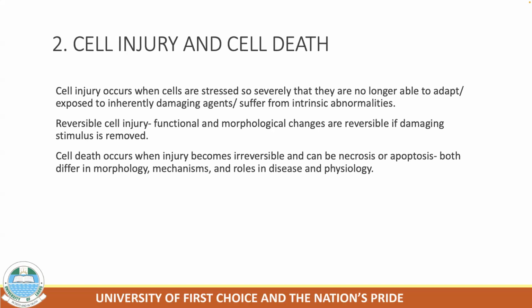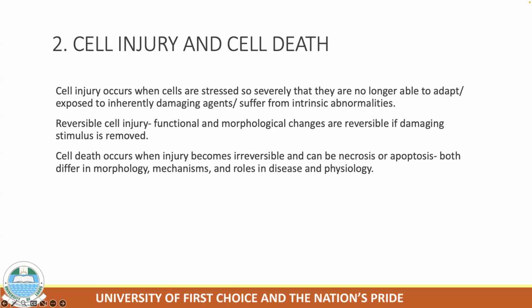Cell injury occurs when the cells are stressed so severely that they are no longer able to adapt, or they're exposed to inherently damaging agents like radiation, or they suffer from intrinsic abnormalities, for example DNA damage during cell division. There can be reversible cell injury, where functional and morphological changes are reversible if the damaging stimulus is removed, but there can also be irreversible damage leading to cell death, okay?